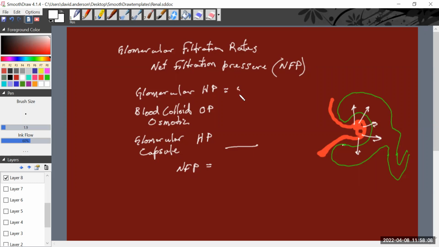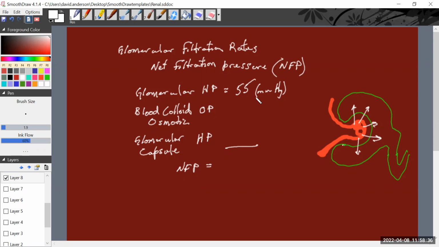So here's how that's going to shape up. We're going to use 55 millimeters of mercury. That's just the terminology that we measure pressure in. The colloid osmotic pressure, we know this from when we talked about the exchange that goes on in blood vessels, is going to be less.